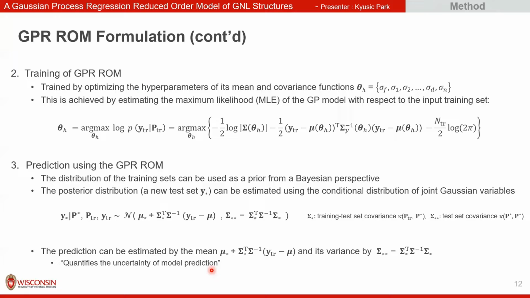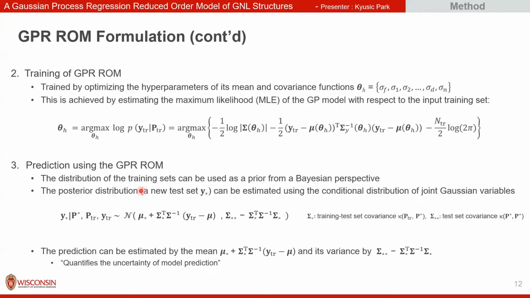Then the GP model can be trained by optimizing the hyperparameters and its mean and covariance functions by estimating the maximum likelihood of the model with respect to the training sets.